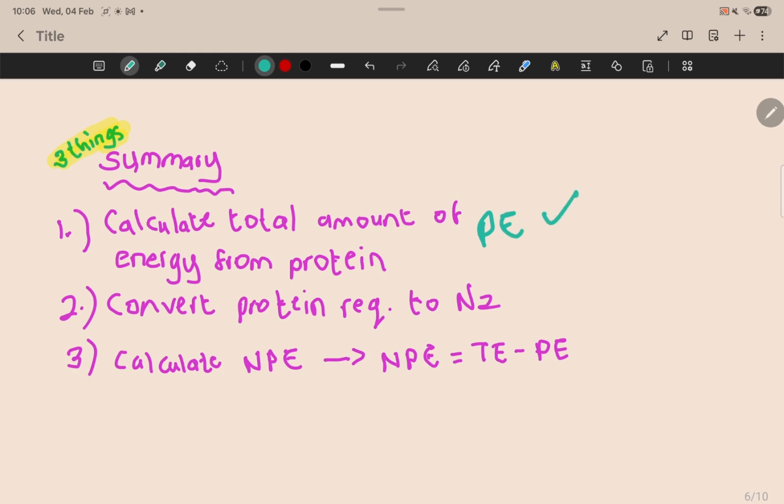Then to convert your protein requirements to nitrogen, which we have done, and to calculate your non-protein energy by subtracting your protein energy from your total energy, which we have done. So these are three important things to take note of when calculating requirements for TPN.